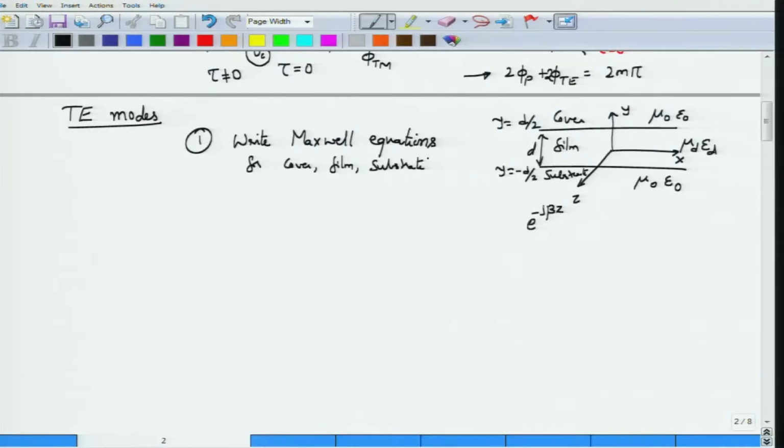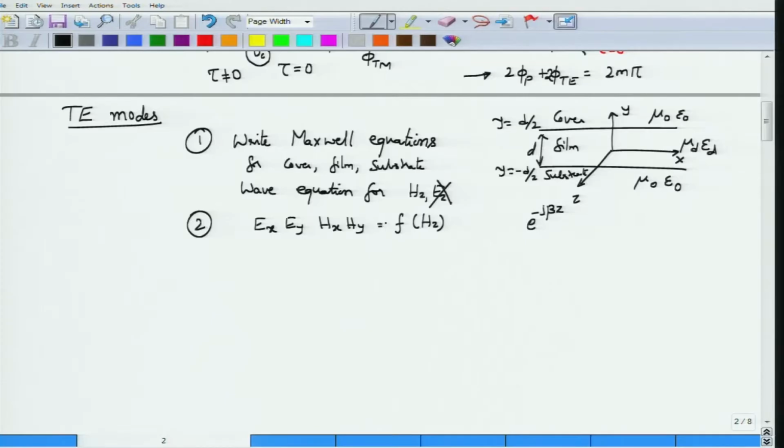Okay. Now instead of writing Maxwell equations, you can write down wave equation. Okay. So you can also write down wave equation, again we will choose Hz and Ez as the components. Okay. For the transverse electric modes there is no Ez component, so everything will be written in terms of Hz, and express Ex, Ey, Hx and Hy in terms of Hz.